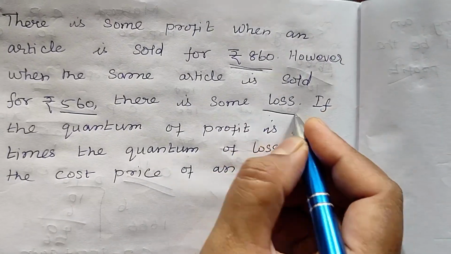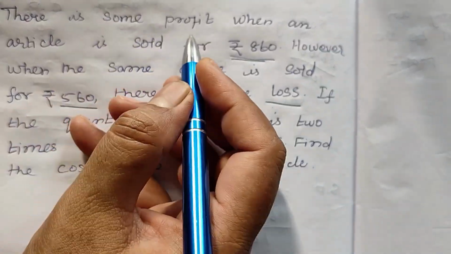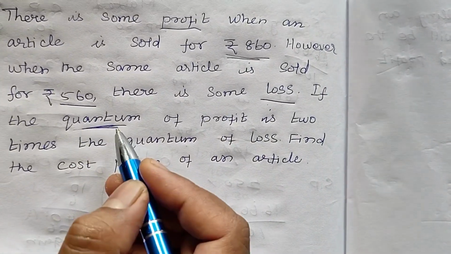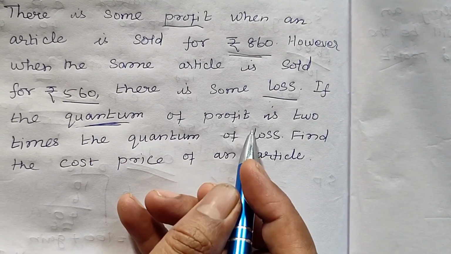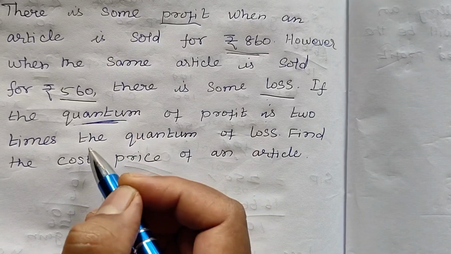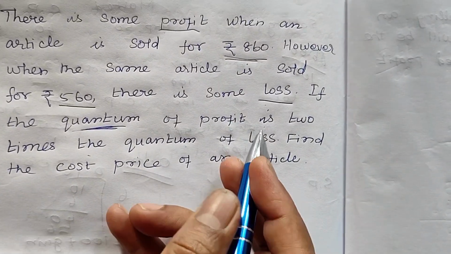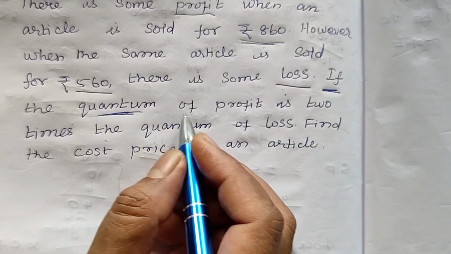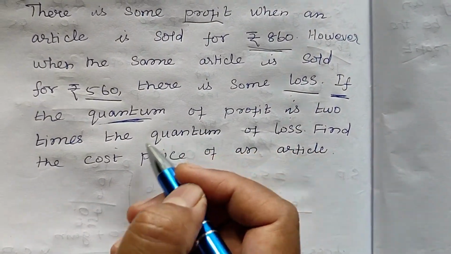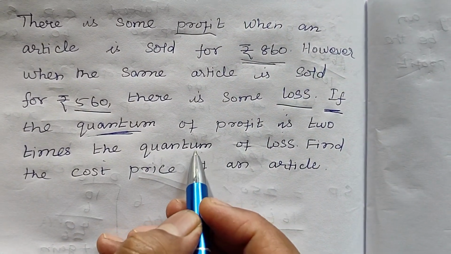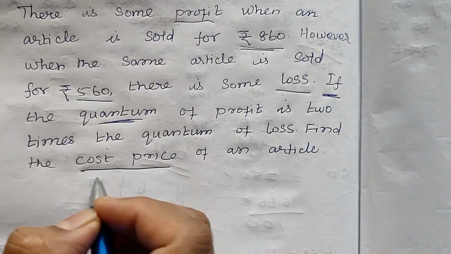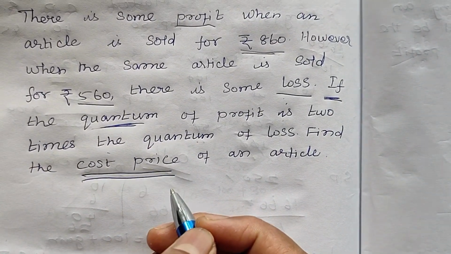So here it is loss, and for 860 it is a profit. The condition given is that the quantum of profit is 2 times the quantum of loss. Find the cost price of an article.